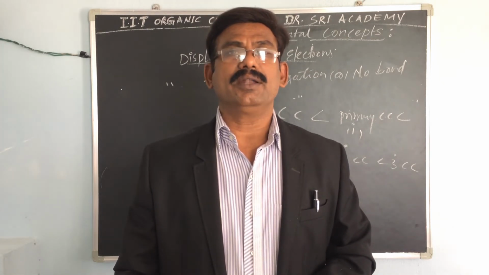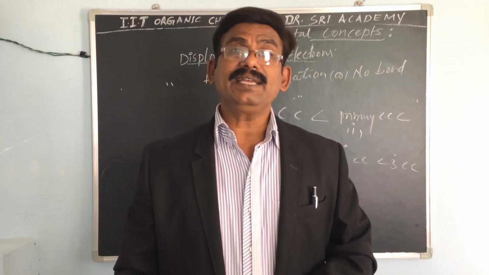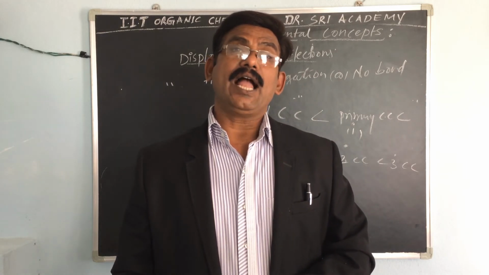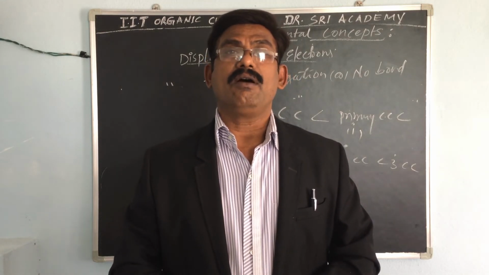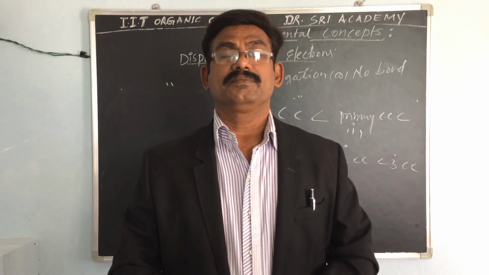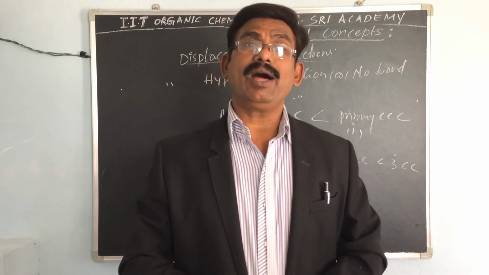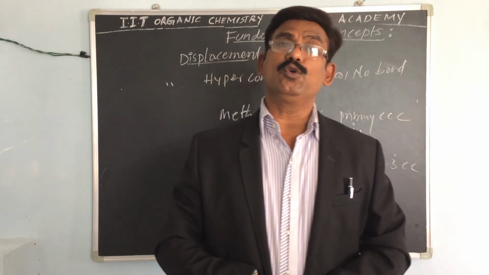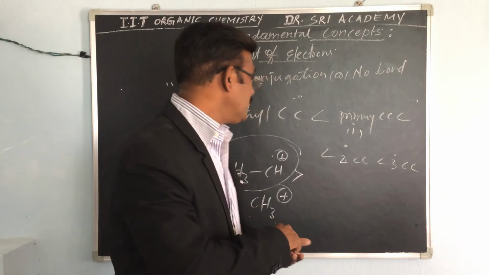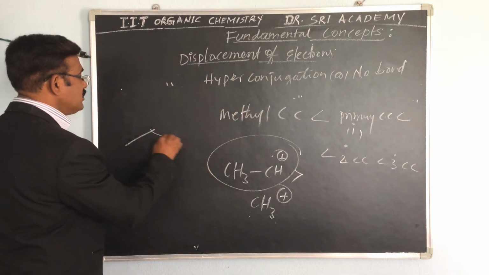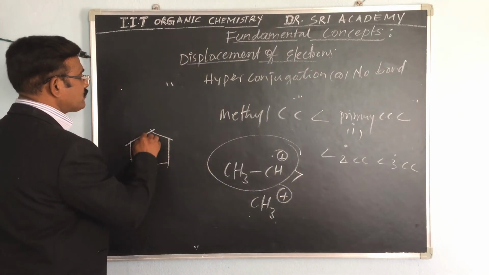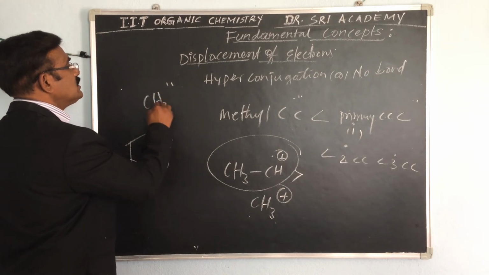Next, reactivity and orientation of electrophilic substitution on the benzene ring. For example, take toluene, the methyl group. Toluene means a benzene ring containing CH3.